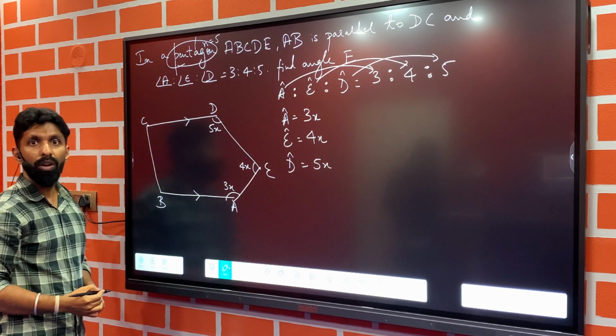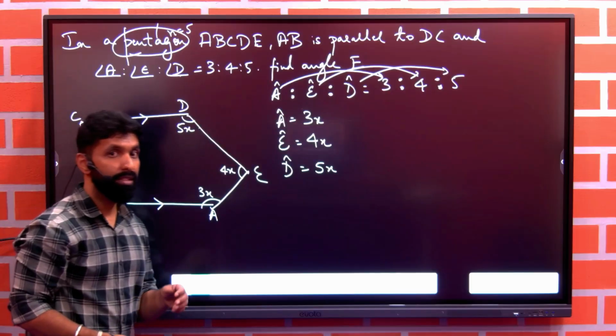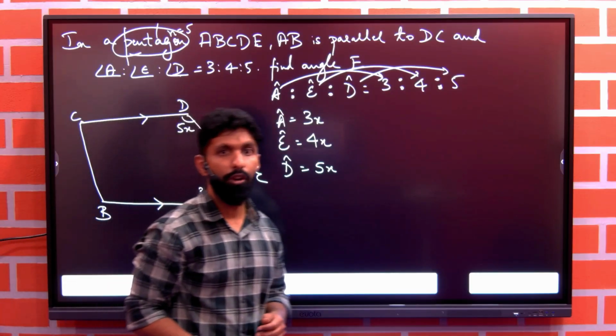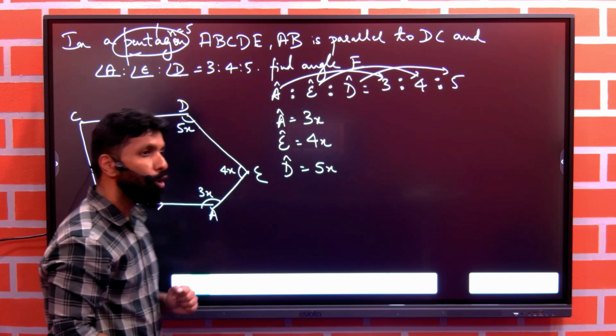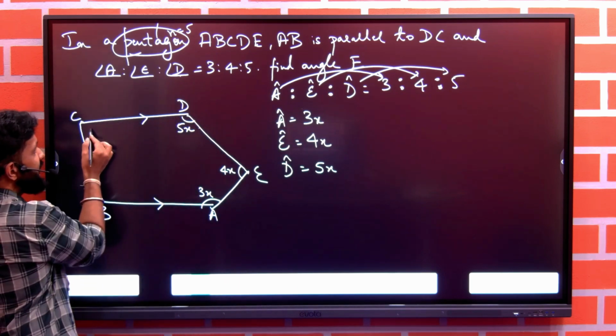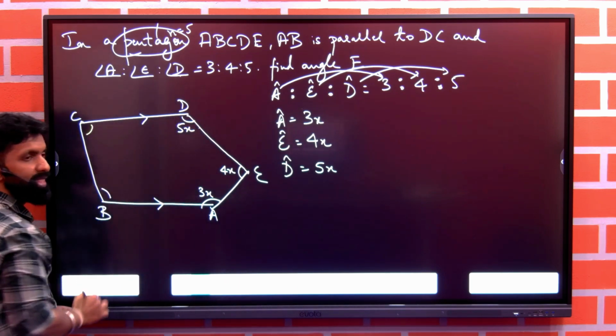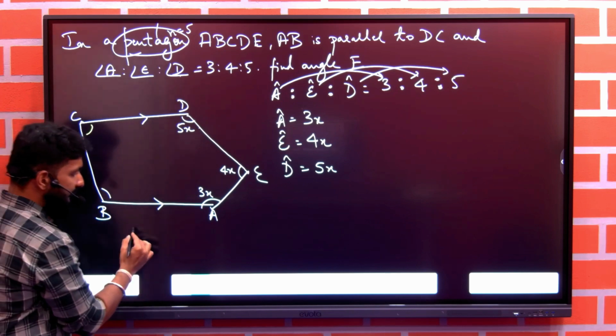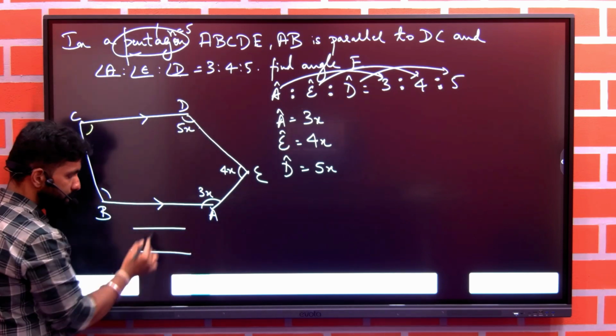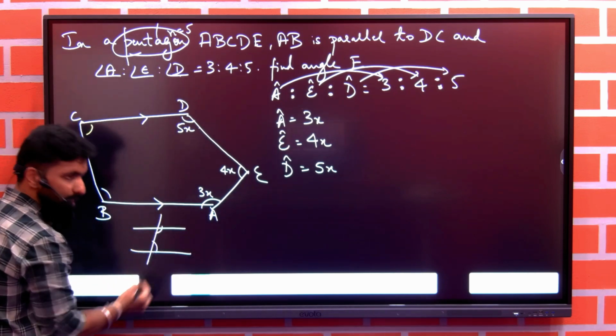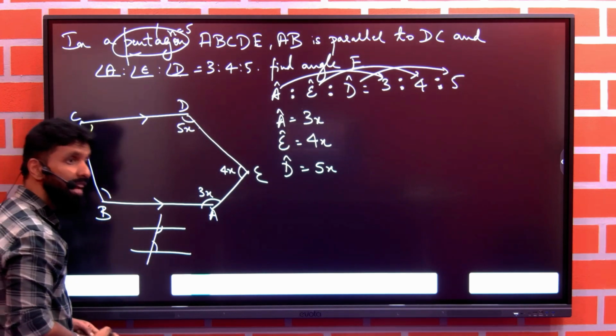Now comes the most important part. This is going to check the basics of your parallel lines. How many of you remember the name given to this angle and this angle? In any given set of parallel lines, what are these angles called? They are called allied angles.